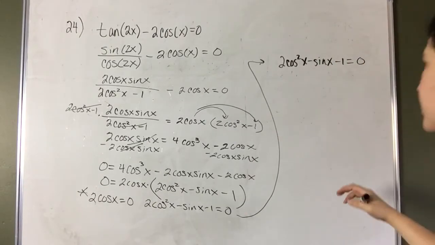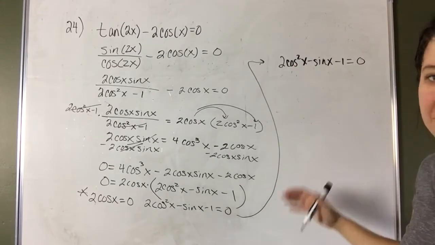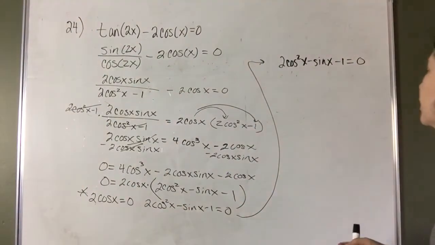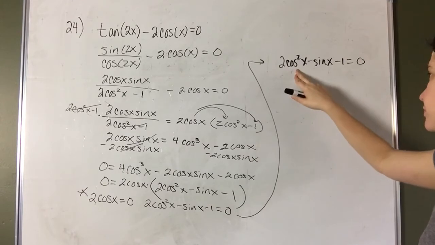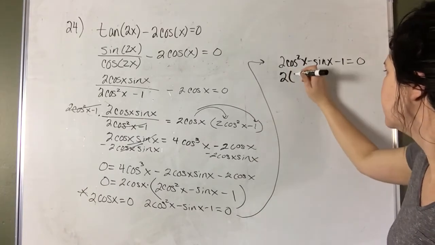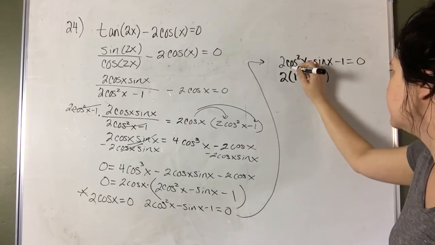The big problem with this right now is that it has cosine and sine in it, right? It'd be great if we could get it down to having just one trig function. So is there a formula that will allow us to do that? The answer is yes. There is a formula, the Pythagorean identity. I can replace cosine squared with 1 minus sine squared. That's the Pythagorean identity.